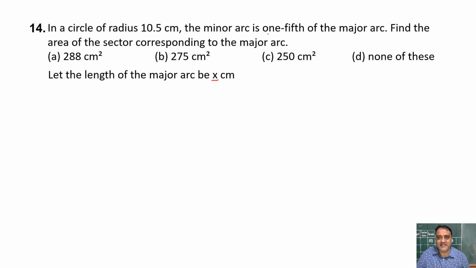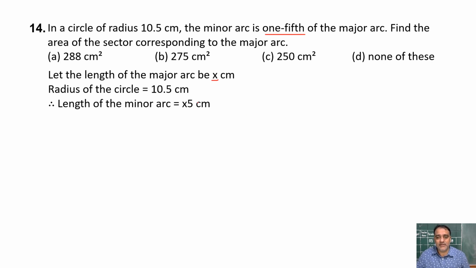Major arc is x and minor arc is 1/5 of the major arc. So x by 5. Okay, and the radius is given 10.5 centimeter. So length of the minor arc will be x upon 5. एक मिनट मैं फिर से लिख देता हूँ x upon 5.